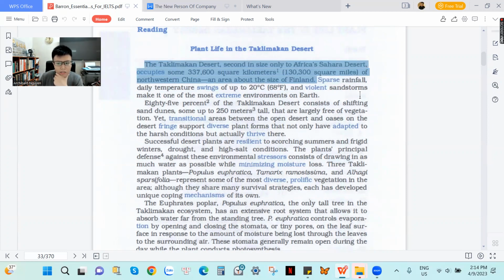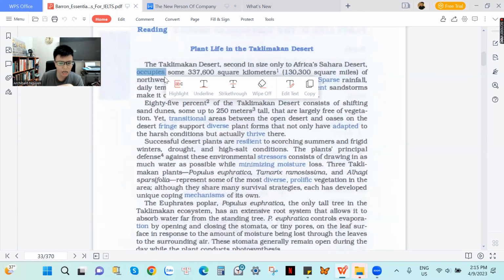First of all, whenever you hear the phrase second in size, it means the second biggest, the second largest, the second hugest place, only to Africa's Sahara Desert. So when you read, you need to pay attention to the names. People have names, things have names, animals have names. We do have different names in this life. So pay attention to the names so that you can understand what they are talking about.